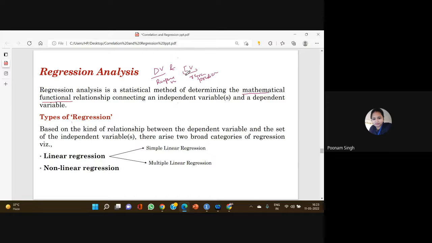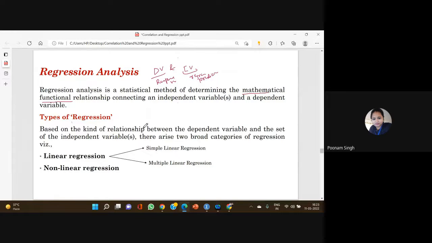Means it helps to determine the impact of changes in the value of independent variable upon the changes in the value of dependent variable. So, as I have told you, it is used to see the changes when any one of the independent variables is varied. So we can say that it is used for prediction purposes.